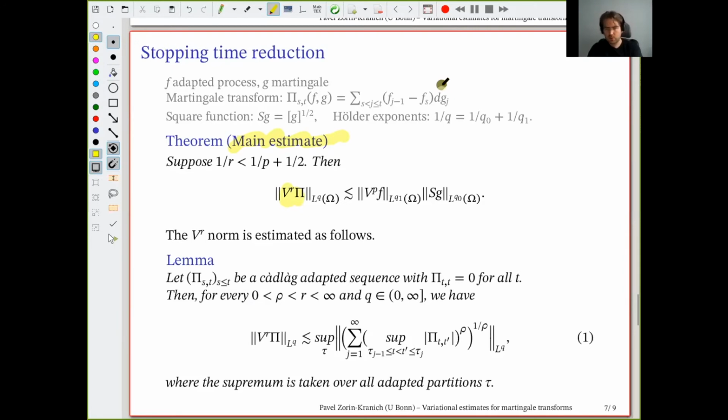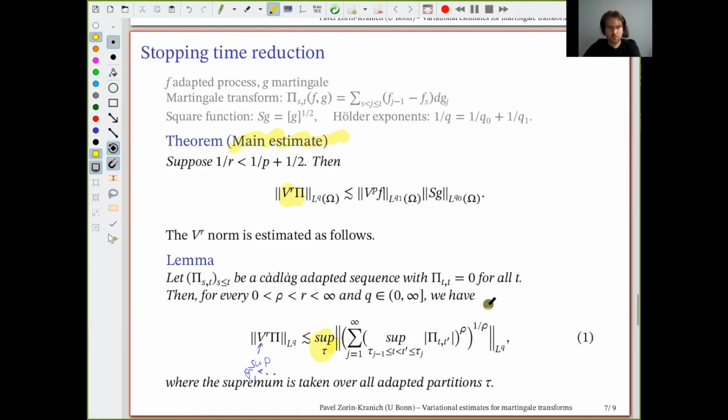I will not show the argument, but what it effectively does is that here you have some supremum over all increasing sequences of times inside the norm, and after this stopping time argument, this supremum goes out of the norm.